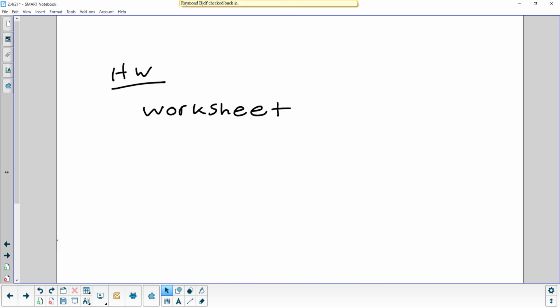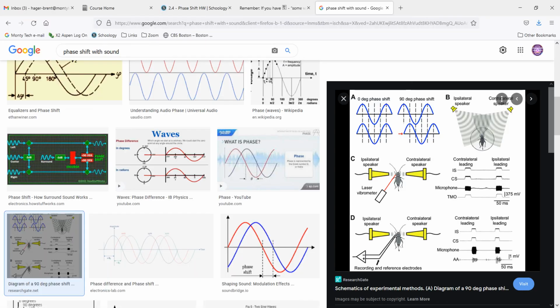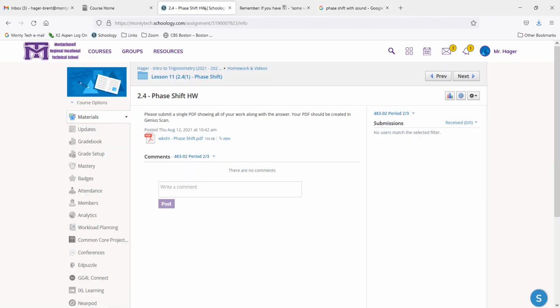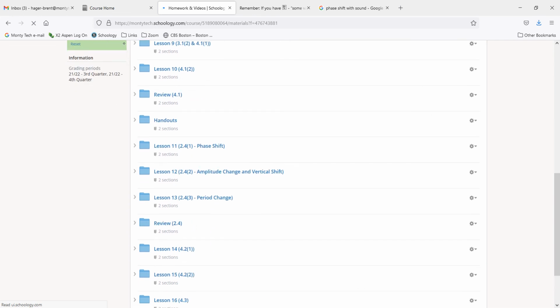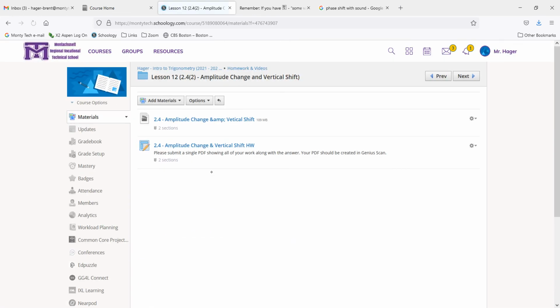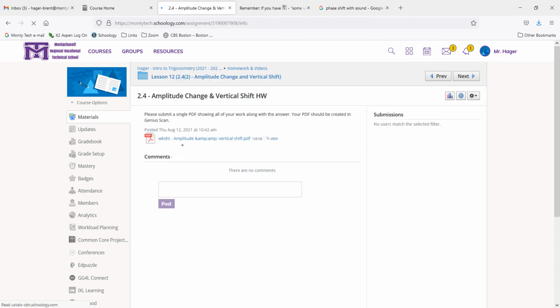So homework for tonight is a worksheet. It's on Schoology. It's 2.4 part 2. If you want, I can just show you real quick in the video where it is. So go to 2.4 part 2. It says amplitude change and vertical shift. Click on it. Click on the homework.